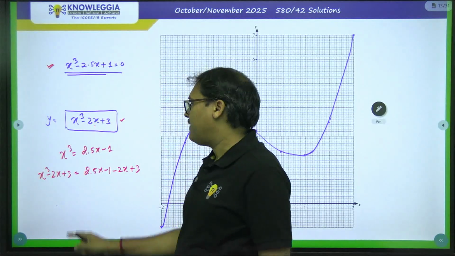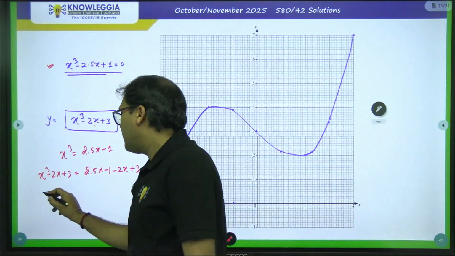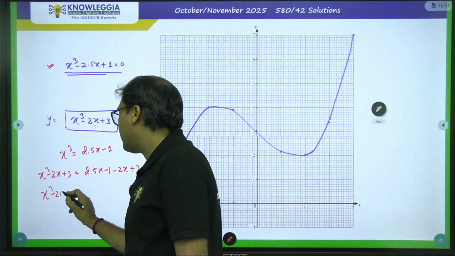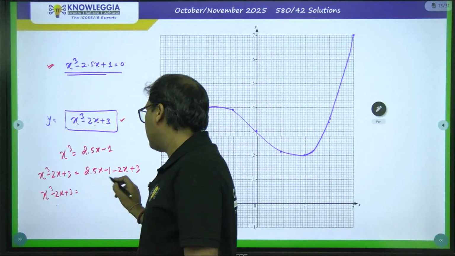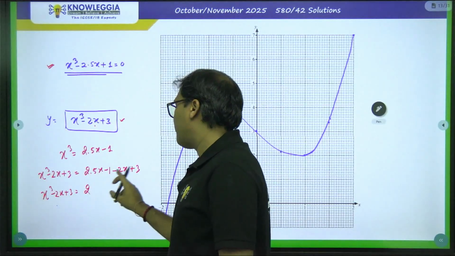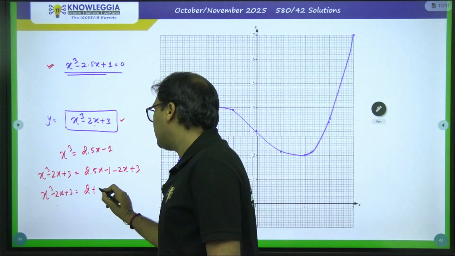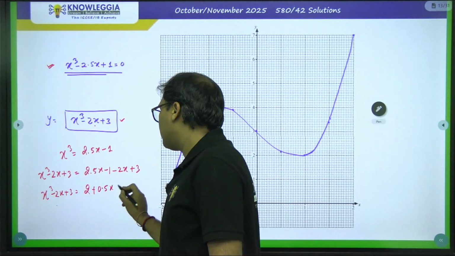What I have done is added minus 2x plus 3 on both sides. So this is x cube minus 2x plus 3, and this is 2, and 2.5 minus 2 is plus 0.5x.